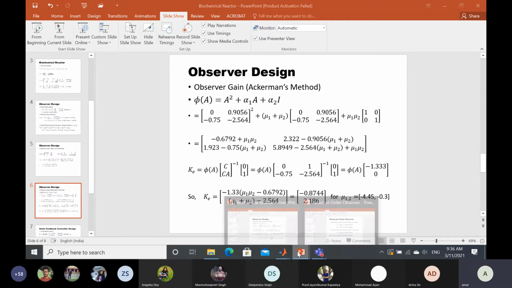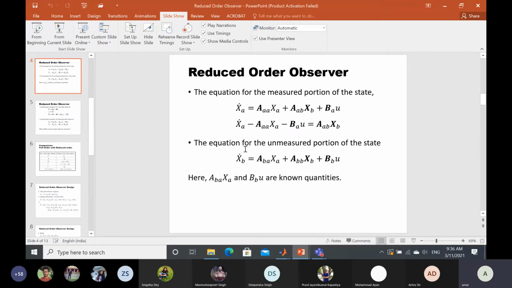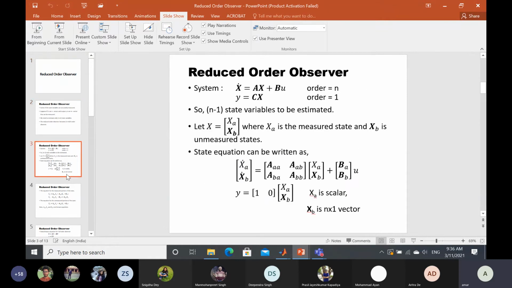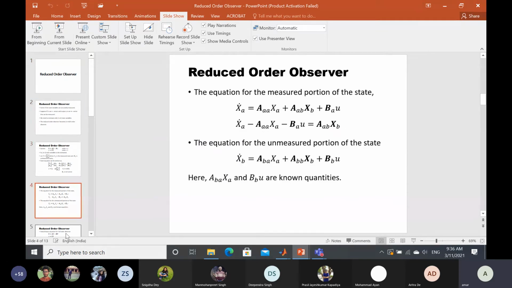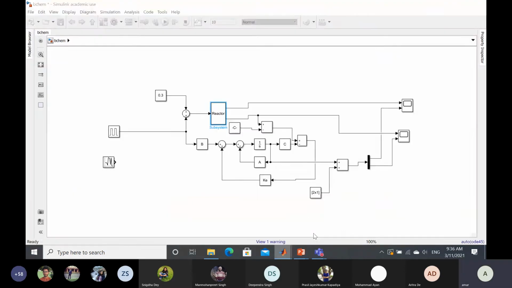Do you remember? Okay. We have written it somewhere here. X bar dot is equal to A X bar plus B U plus K E into Y minus C X bar. So this is basically the full order observer equation. So we'll implement these equations over here.